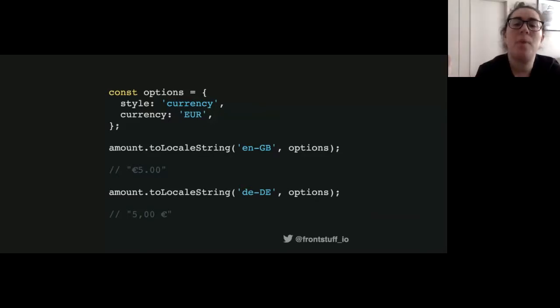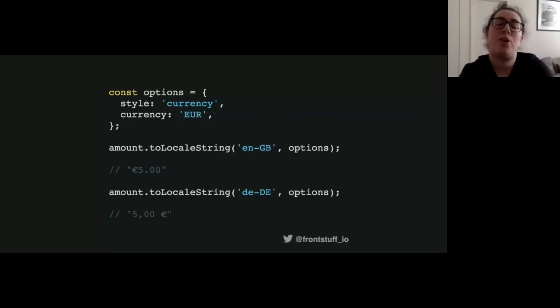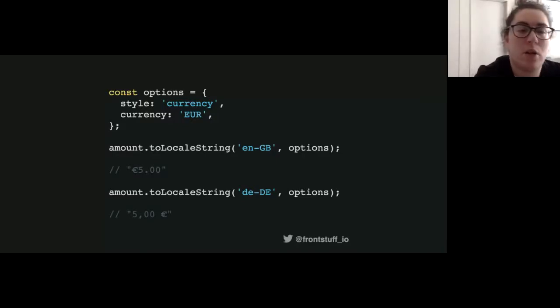So for example, in German, and in French as well, maybe in Belgium as well, you use a comma as a separator between major and minor currency units. And you put the symbol after the amount, separated by a space, contrary to English, like Great Britain and US, where you put the sign before and the separator is a dot. So the API pretty much does everything for you.